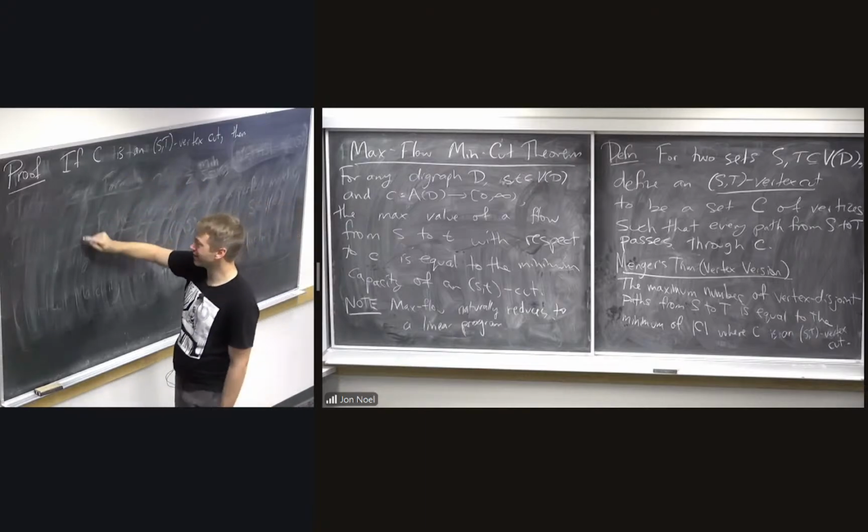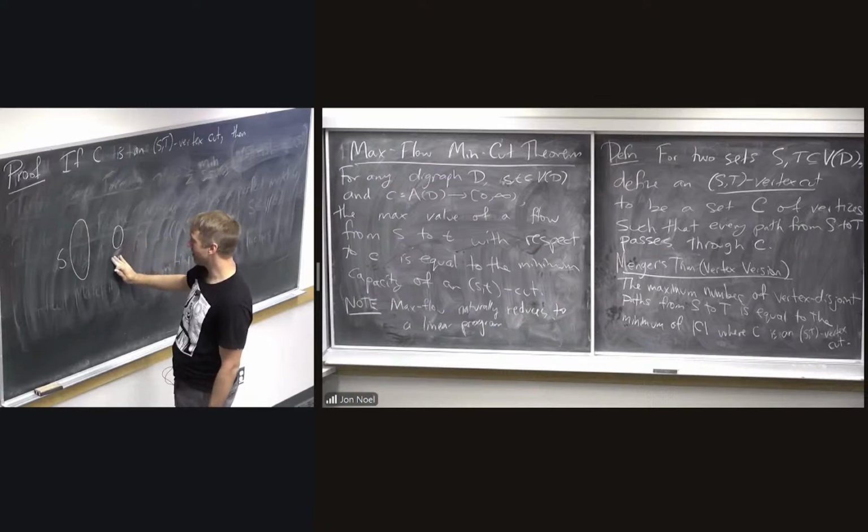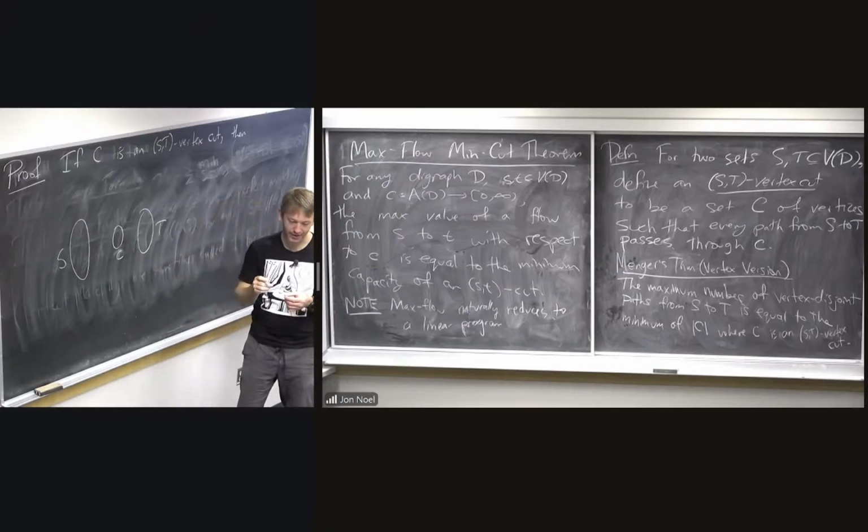Like all of these max flow, min cut theorems, you should think of it as trying to identify the bottleneck that forbids the existence of some kind of disjoint paths.